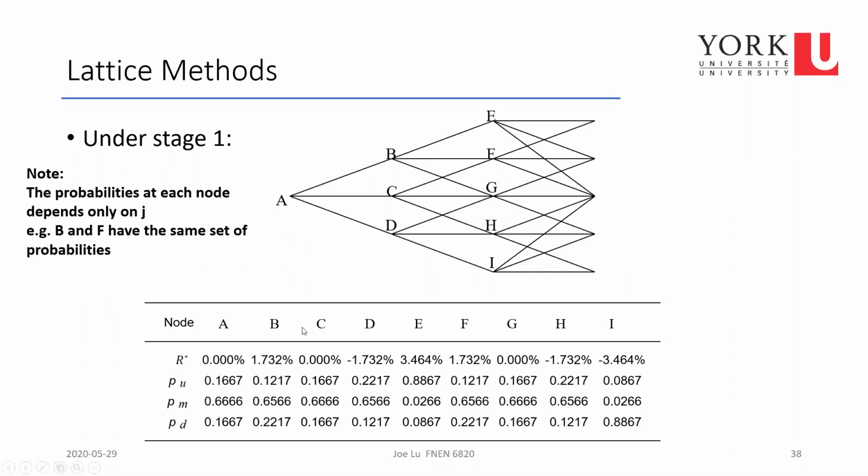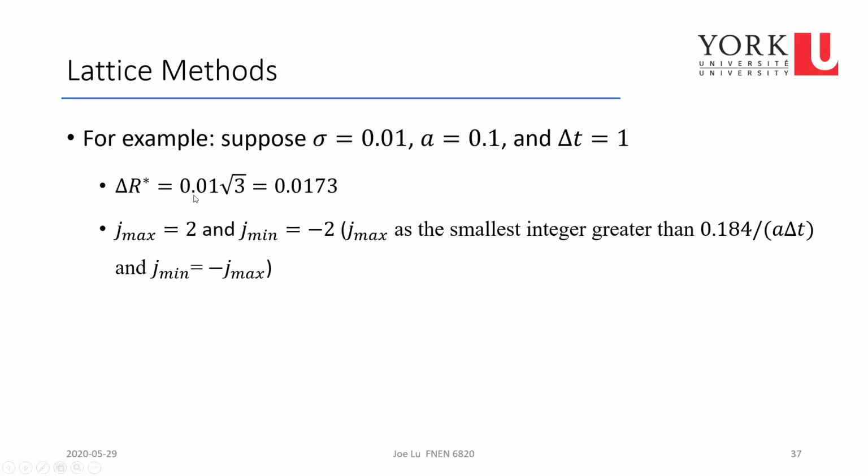So since you know what R and delta R are, your initial R star is always 0. Then you can put together nodes like this, and based on this we calculated what the changes are.